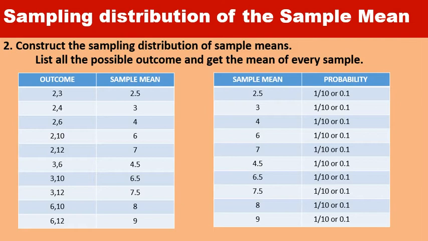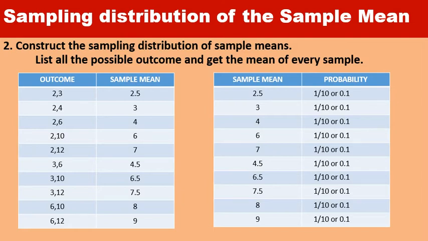Remember that each outcome may only be listed once. And then get the mean of every sample. Here are the samples listed in the outcome column, and you will get the sample mean in each row.